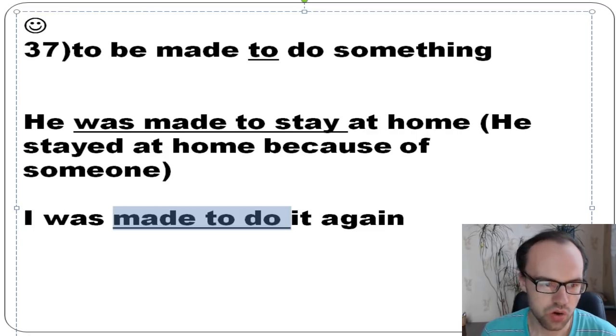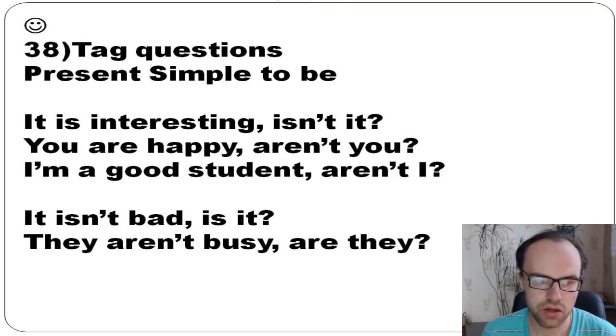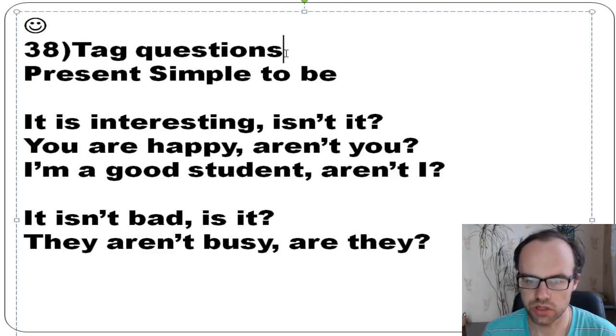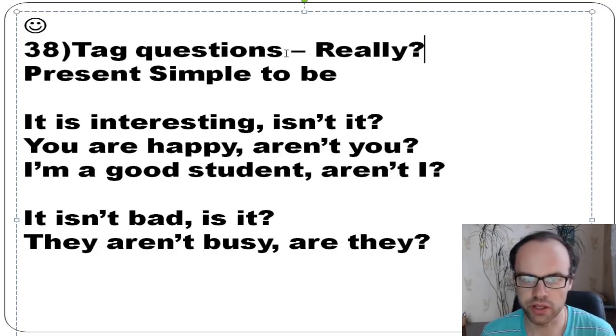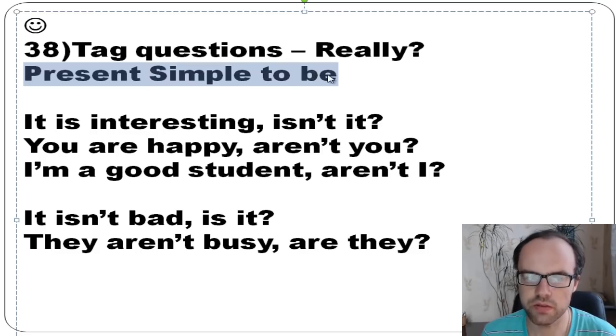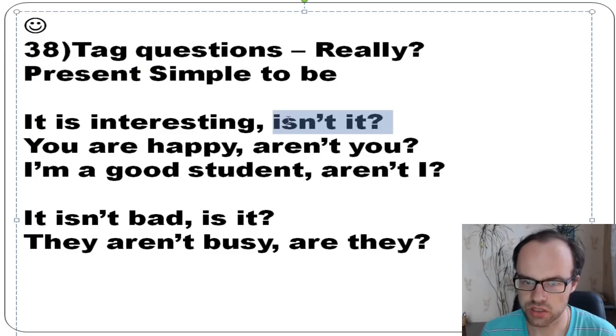Okay. Well, next, tag questions. Tag questions actually mean really. They have a meaning of really. Okay. Let's talk about present simple and the verb to be. It is interesting, isn't it? Isn't it? So it means really. It's interesting, really. Okay.